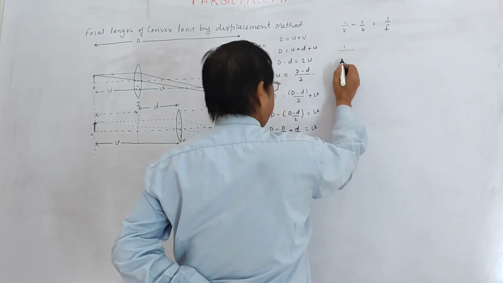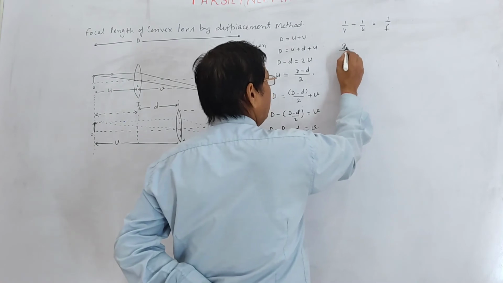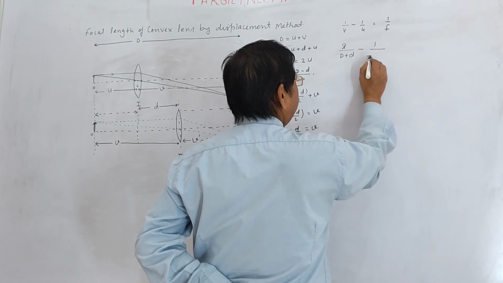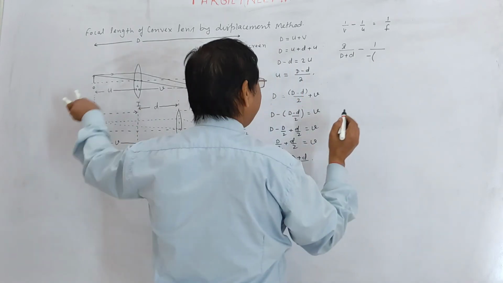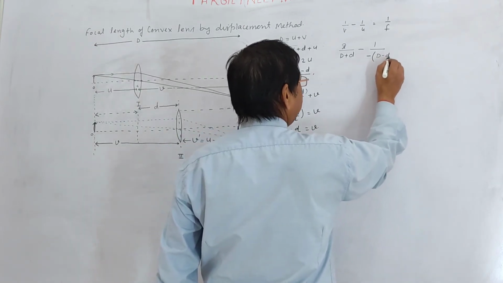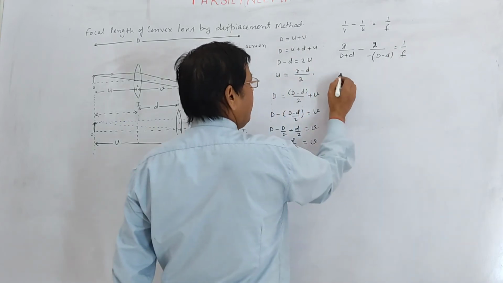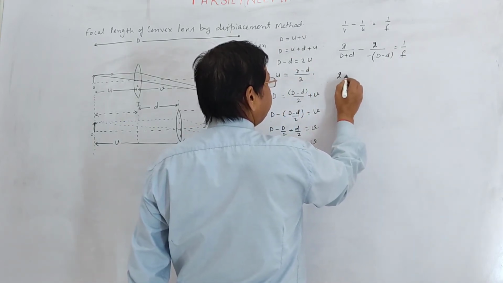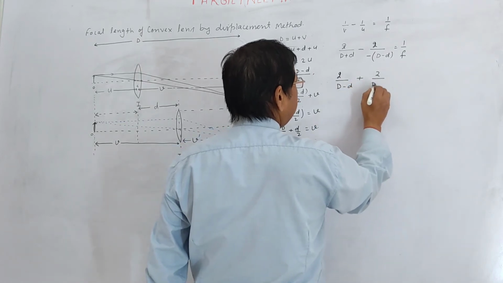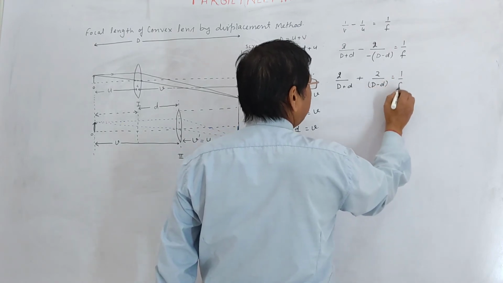So at place of v we have to write this, D plus d by 2, so 2 will go up, 2 upon D plus d, minus 1 upon minus u, because u should be negative, and at place of u you can write D minus d by 2. So 2 will go up, 2 upon D minus d. So it is 2 upon D plus d plus 2 upon D minus d is equal to 1 upon f.